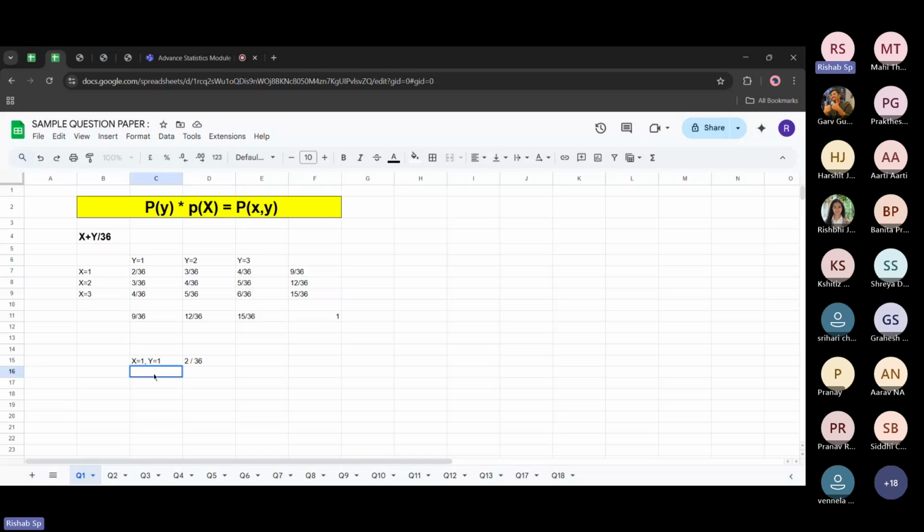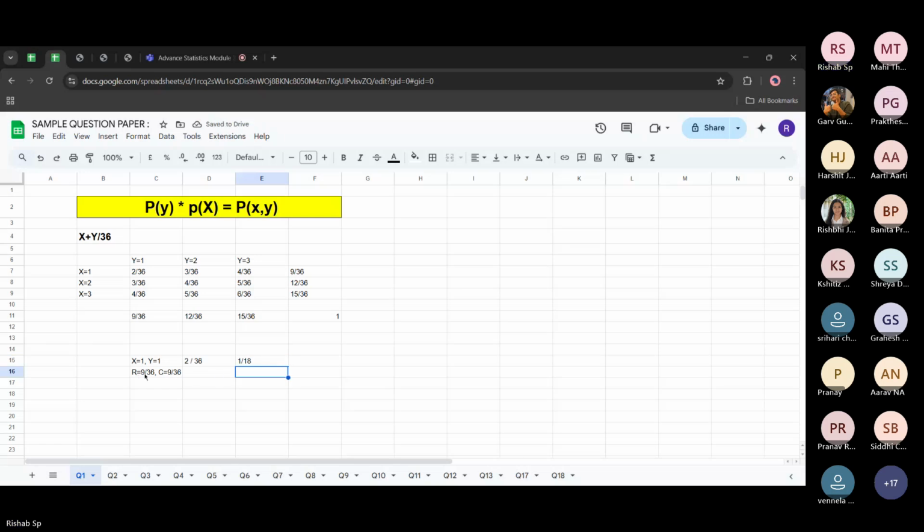So the row total is 9 divided by 36, and the column total is 9 divided by 36. Here we get 2 by 36, equal to 1 by 18, right?